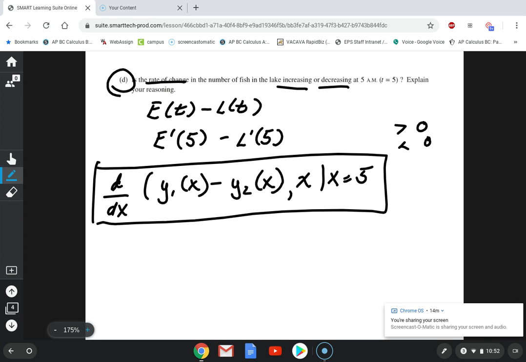So now, when I do that, I am getting E prime of 5 minus L prime of 5 equal to negative 10.722. And so that is less than 0.